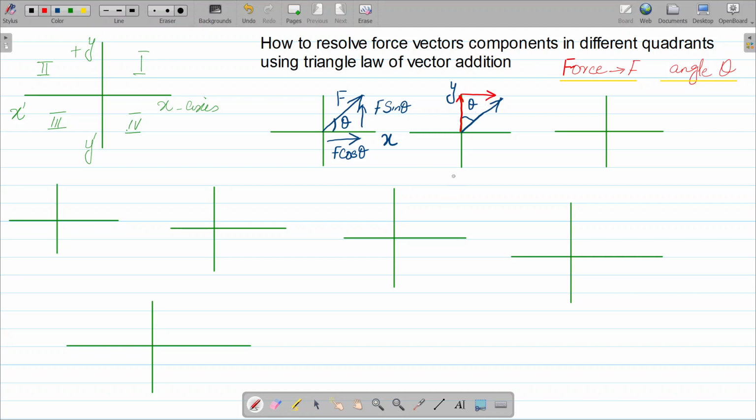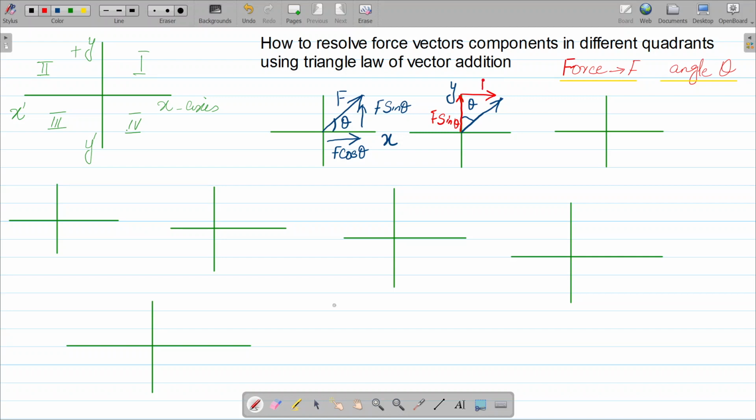Now you can say this is the horizontal component and this is the vertical component, but now the component F cos theta is the vertical component and this is the horizontal component. So you will say this component is F sine theta, and this component will be F cos theta.